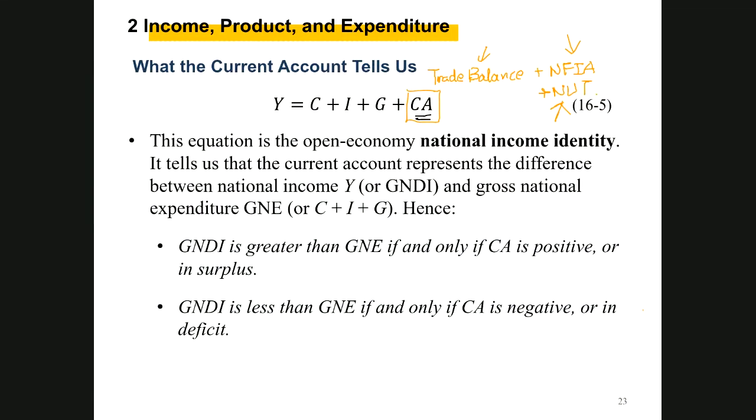All right. Okay, so this equation is called the open economy national income identity. It tells us that the current account represents the difference between national account Y, gross national expenditure.